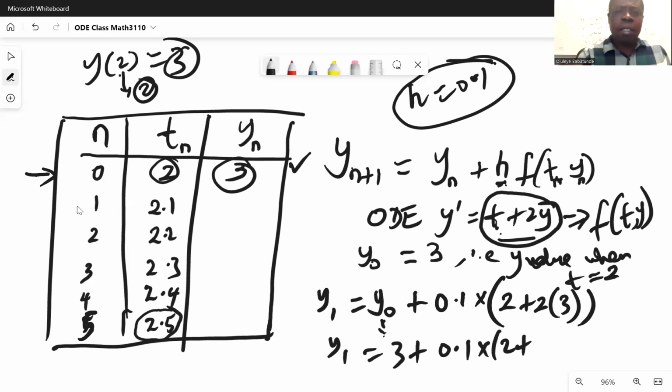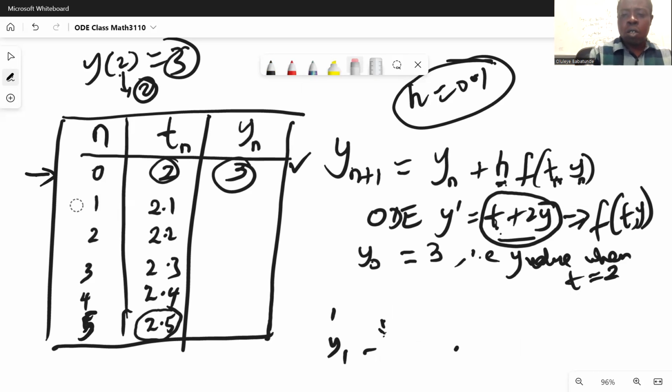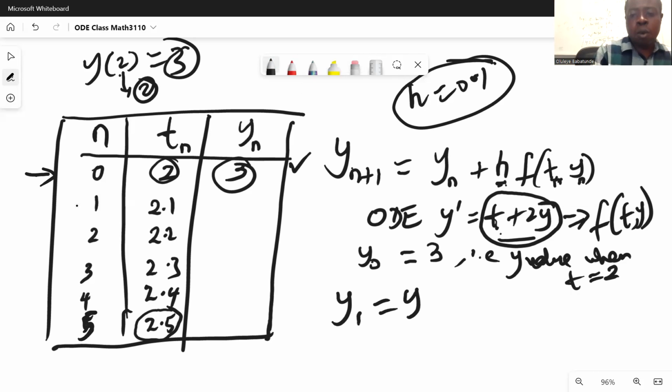Let me clean it up. So you want to write your y1 as y naught plus h times the function of t naught and y naught.